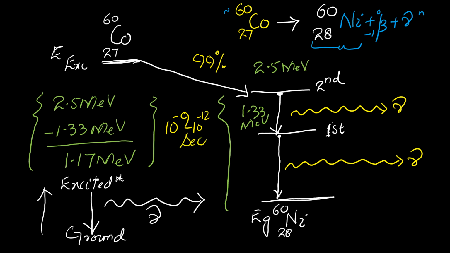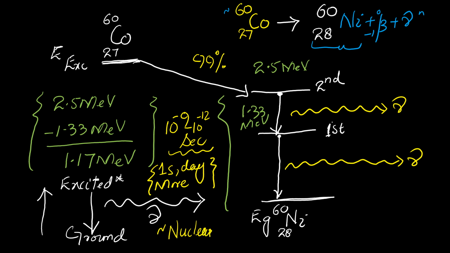Now, keep in mind that if the lifetime increases from this very small time to 1 second, or 1 day, or even more, like 1 month or 1 year, then such radioactive states, in which the lifetime increases by so much, are known as nuclear isomers.